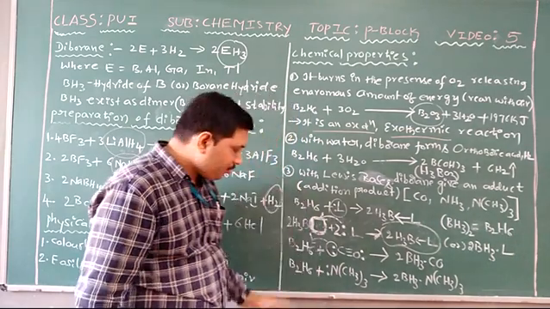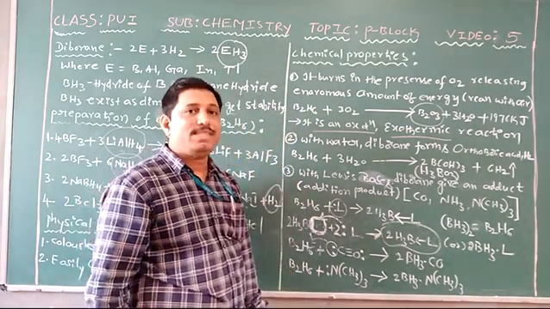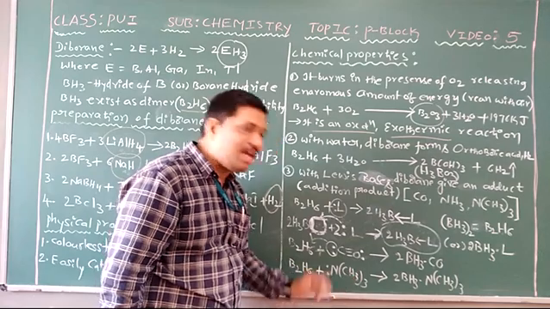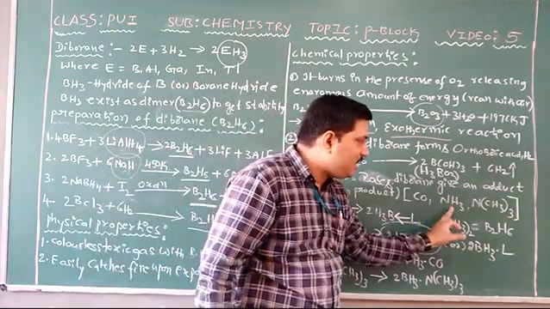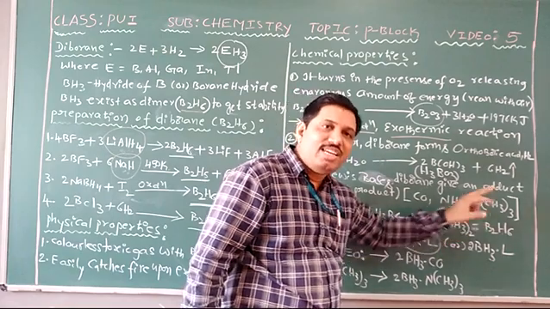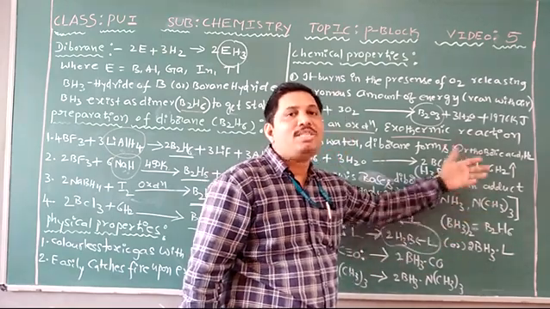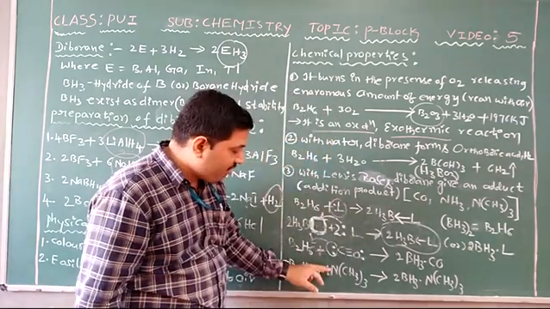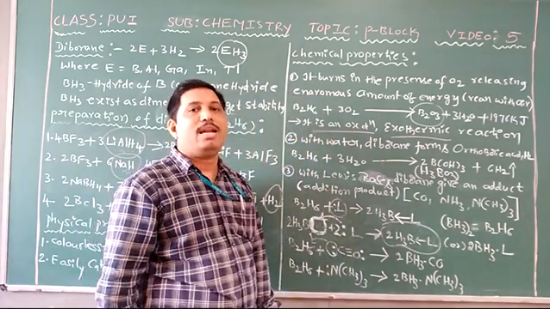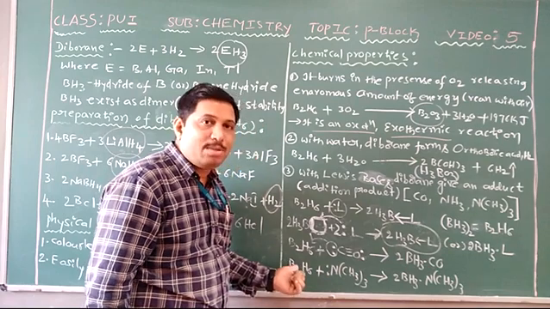Similarly, student, when diborane B2H6 reacts with trimethylamine, N(CH3)3, we know that NH3 means ammonia and N(CH3)3 means trimethylamine. In it, nitrogen contains one lone pair of electrons and the empty orbital of the boron atom is present.